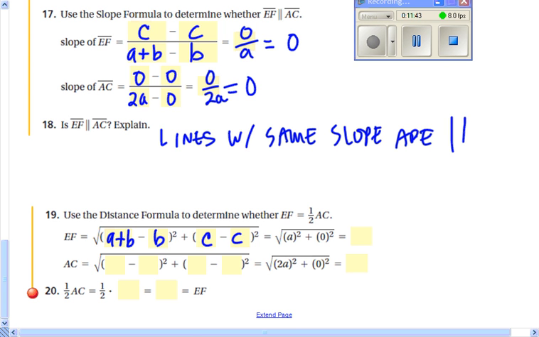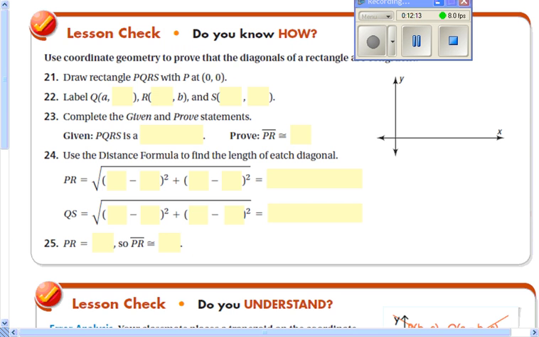And that's equal to the square root of A squared plus 0 squared, which is A. And AC is equal to 2A minus 0 plus 0 minus 0, which is equal to 2A. And so 1/2 AC is equal to 1/2 times 2A, which is equal to A, which is equal to EF. So the length of the segment is 1/2 the length of the base.